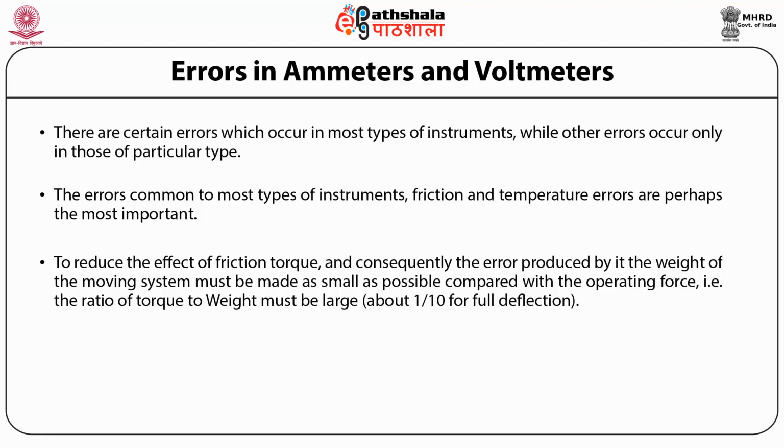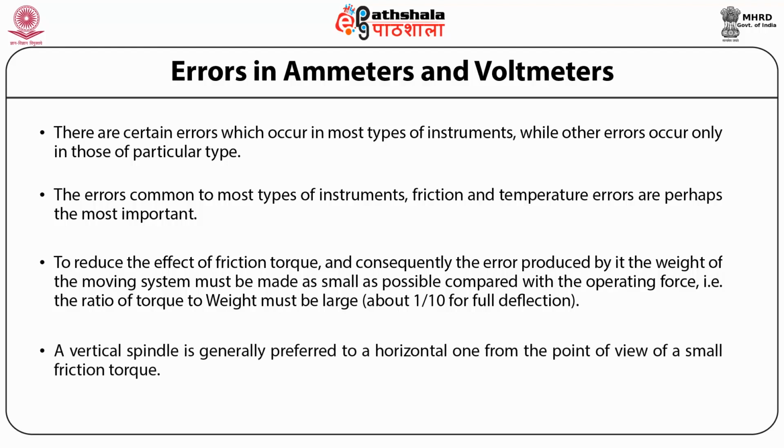That is, the ratio of torque to weight must be large, about 1/10 for full deflection. A vertical spindle is generally preferred to a horizontal one from the point of view of a small frictional torque.